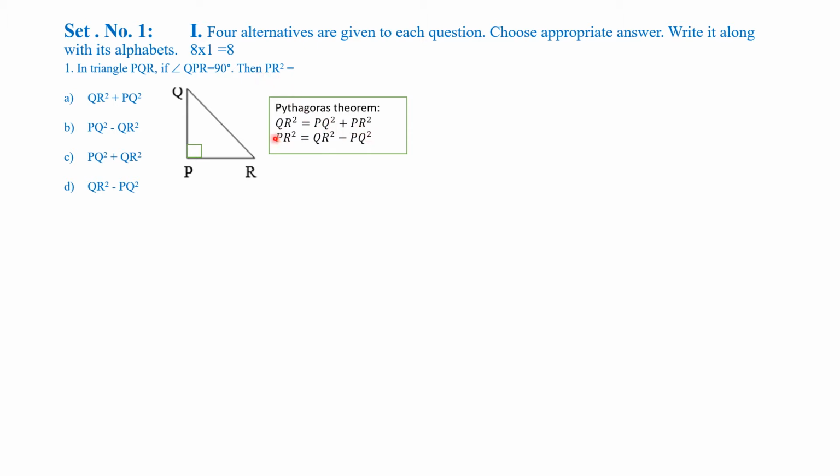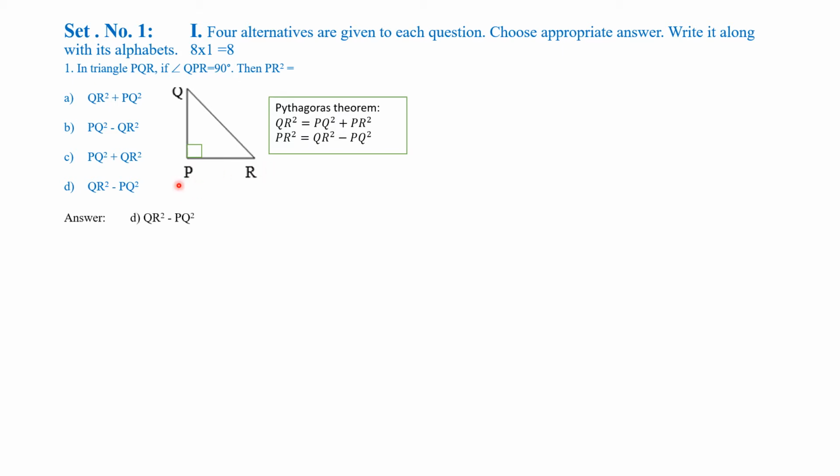Therefore, PR square is equal to QR square minus PQ square, taking this term to the left side. So option D is the answer.